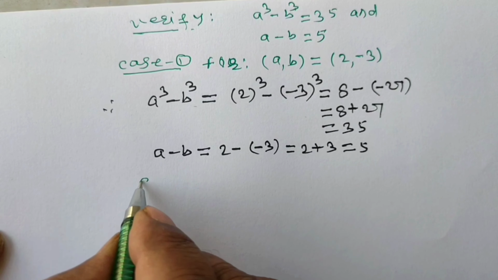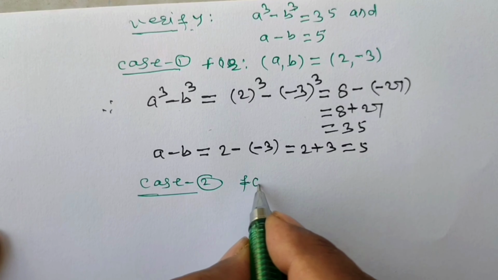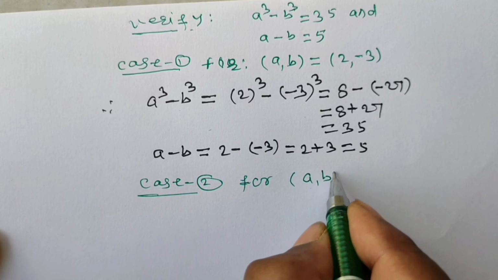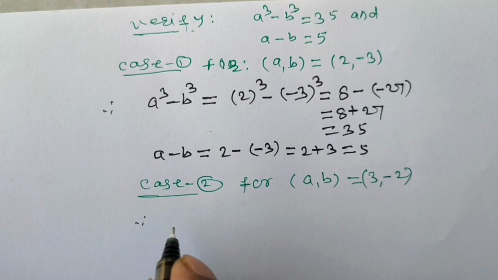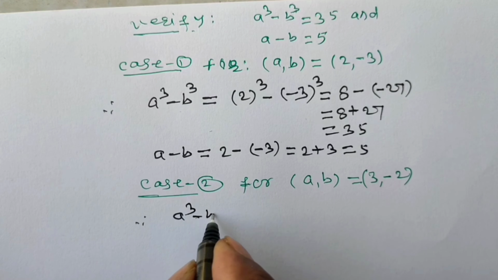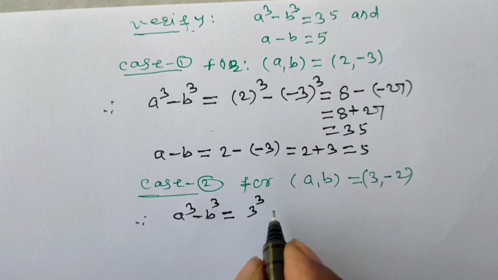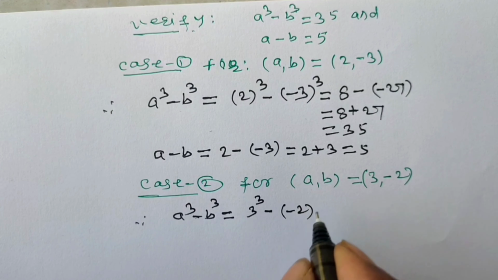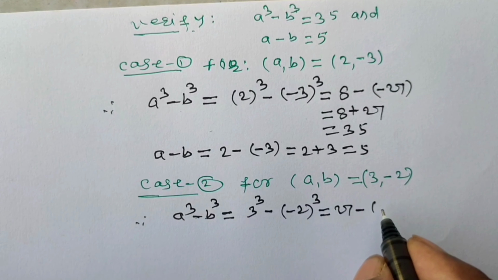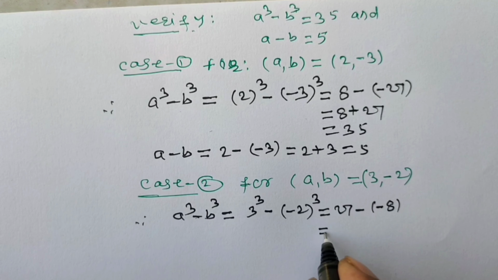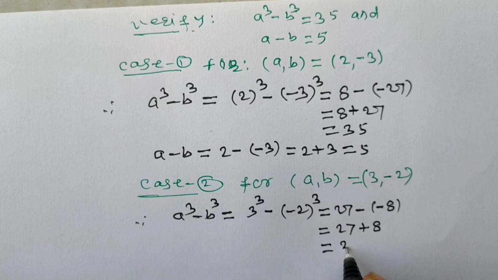Now case number 2: for a comma b is equal to 3 comma minus 2. a cube minus b cube is equal to, a is 3, b is minus 2, 3 cube minus of minus 2 cube, which is 27 minus of minus 8, is equal to 27 plus 8, which is 35.